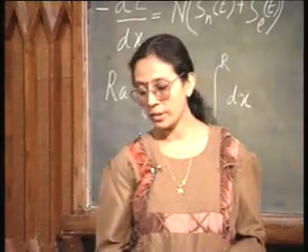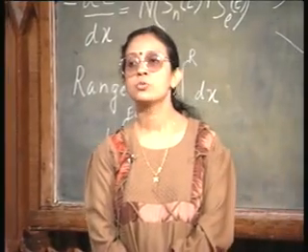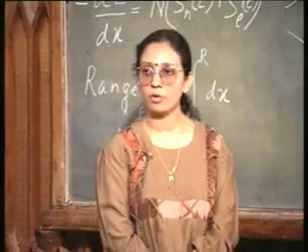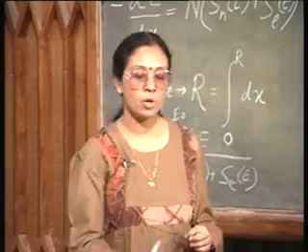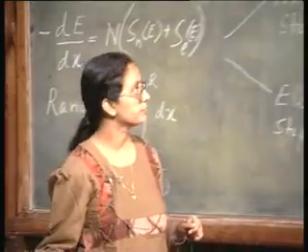But before we go into that, I want to tell you about two other parameters which are of vital importance for ion implantation. And these two parameters are called projected range and the straggle.